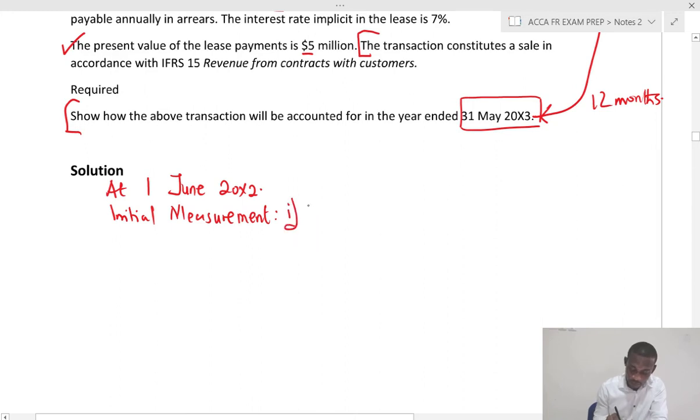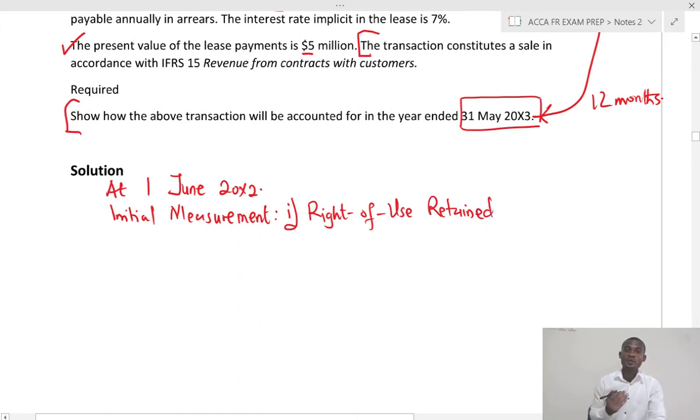One, we have to calculate what we call the right of use retained. Because here you have William, who owned a building previously, but now they have sold that building and leased it back. So in effect, they have retained some economic benefit in the asset which they are going to use, and they must account for the asset element in that right of use.